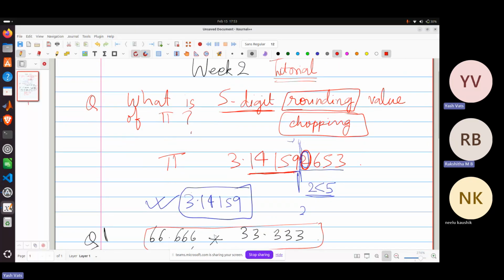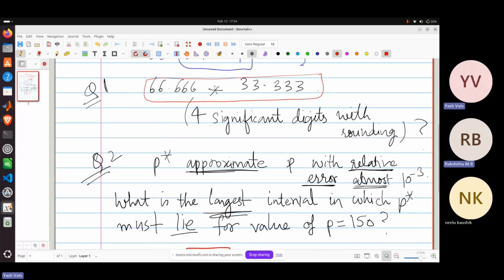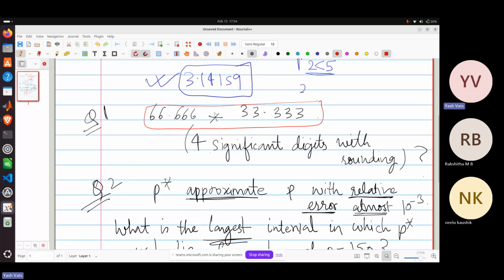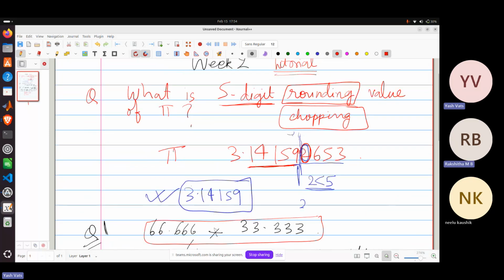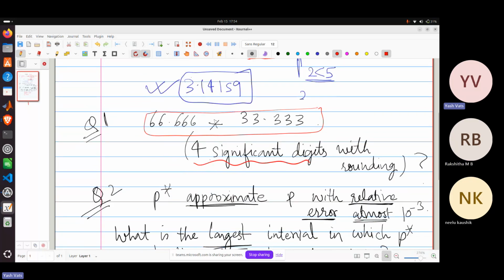For rounding, you calculate the five-digit value, for example the five-digit rounding value of pi. You go till five decimal places and then you do rounding. But in this case it is a bit different, because the question asks for four significant digits instead of four-digit rounding. So this question is different.